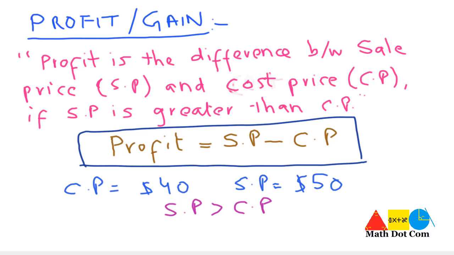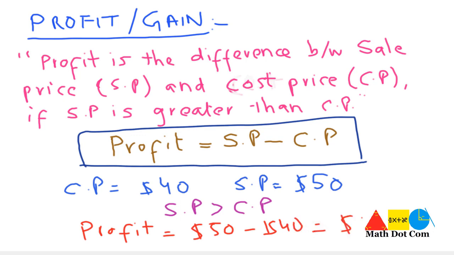So we will calculate the profit as profit equals sale price minus cost price. Sale price is $50 minus $40 equals $10.